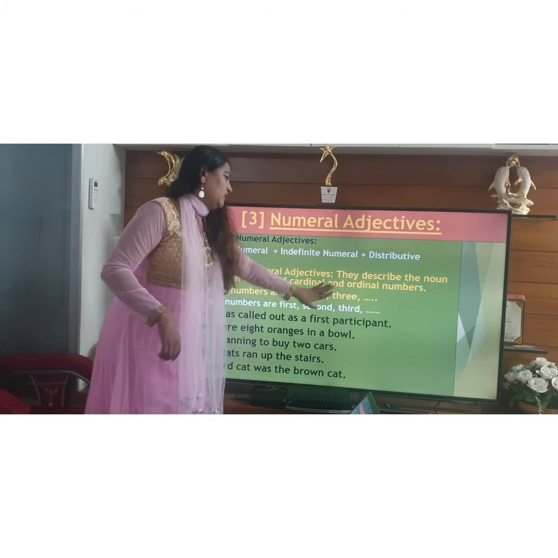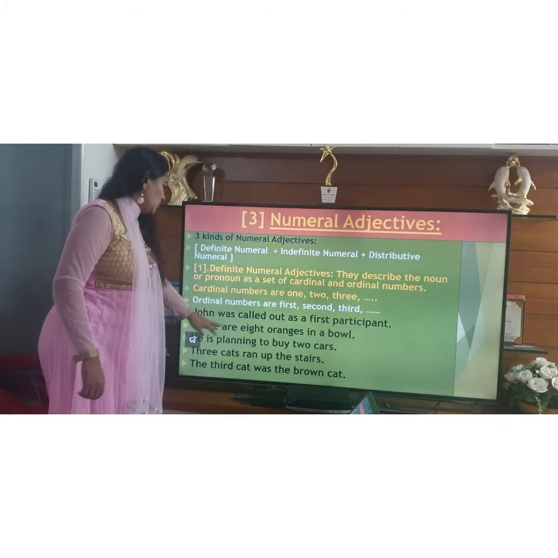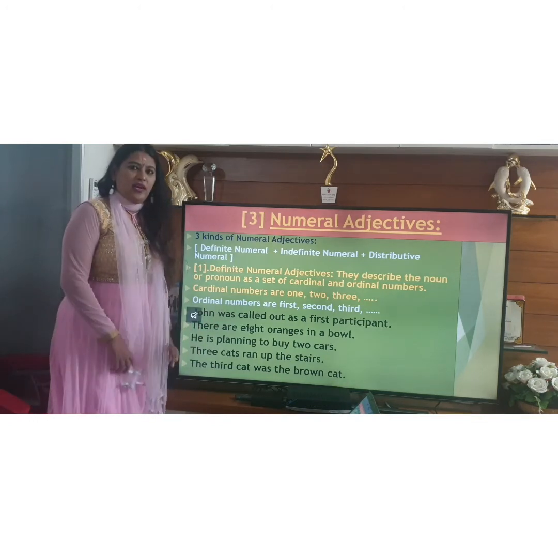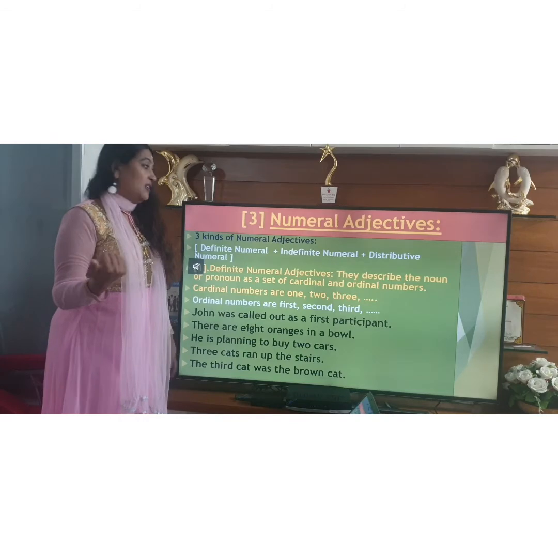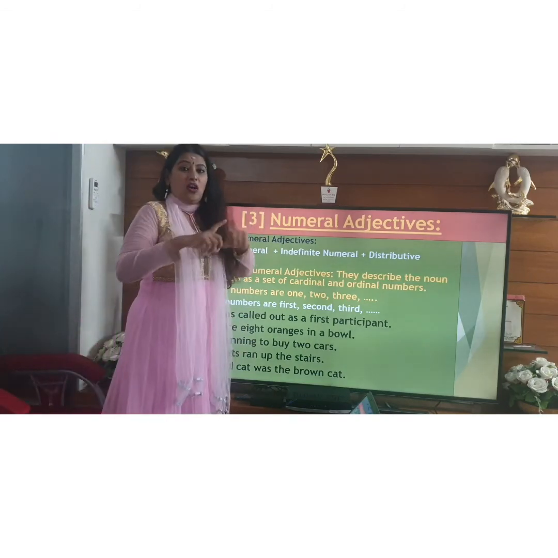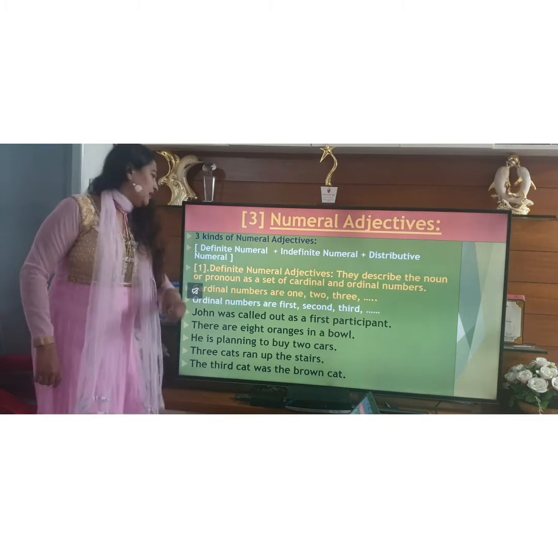What are they? 1, 2, 3, 4, 5, first, second, third, fourth. Now when we talk about only these two, let's see through examples whether you can make out which is cardinal and which is ordinal. I am not going to say cardinal, ordinal, I'll just say C, O. C means cardinal, O means ordinal, okay?